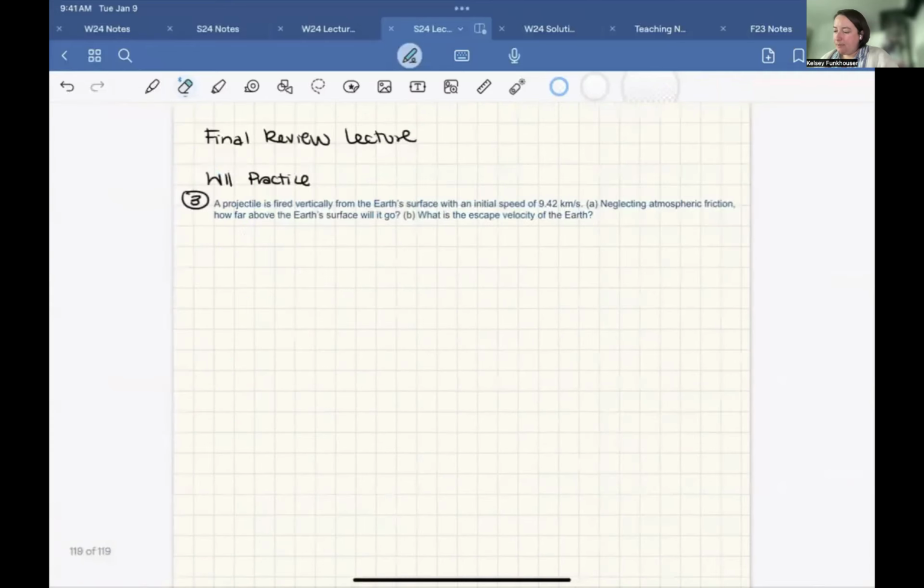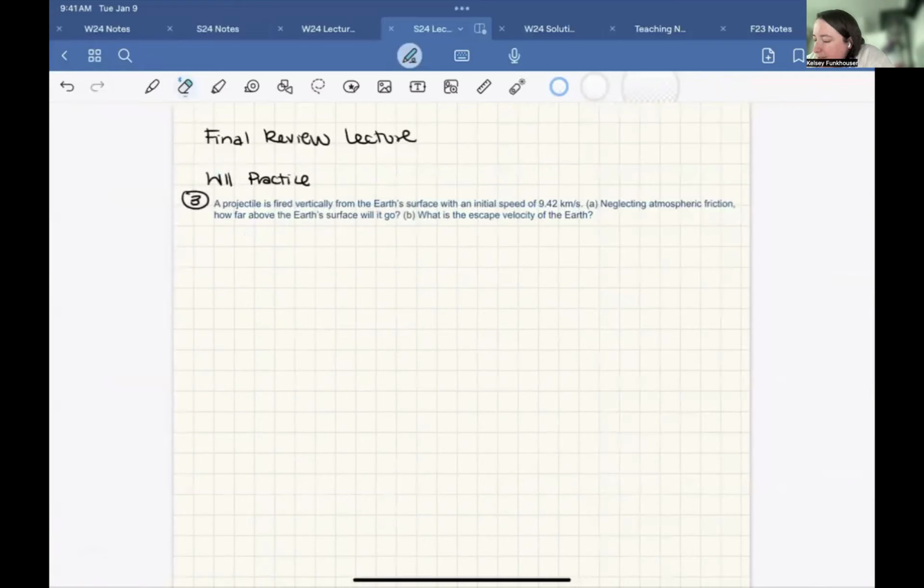Okay, last example. And this one is from this week's practice. So you get early help or late help, depending on when you watch this, I guess. So we have a projectile that is fired vertically from the Earth's surface with an initial speed of 9.42 kilometers per second.